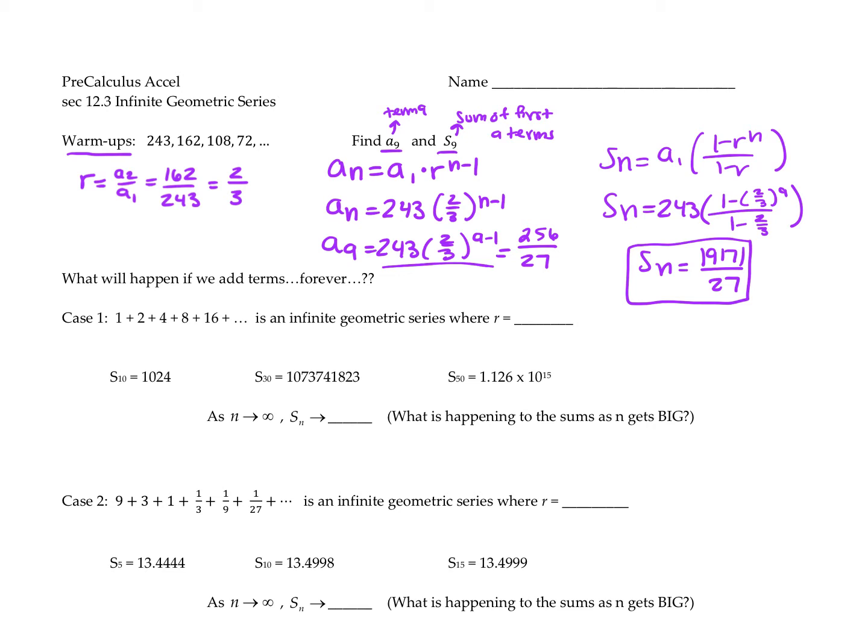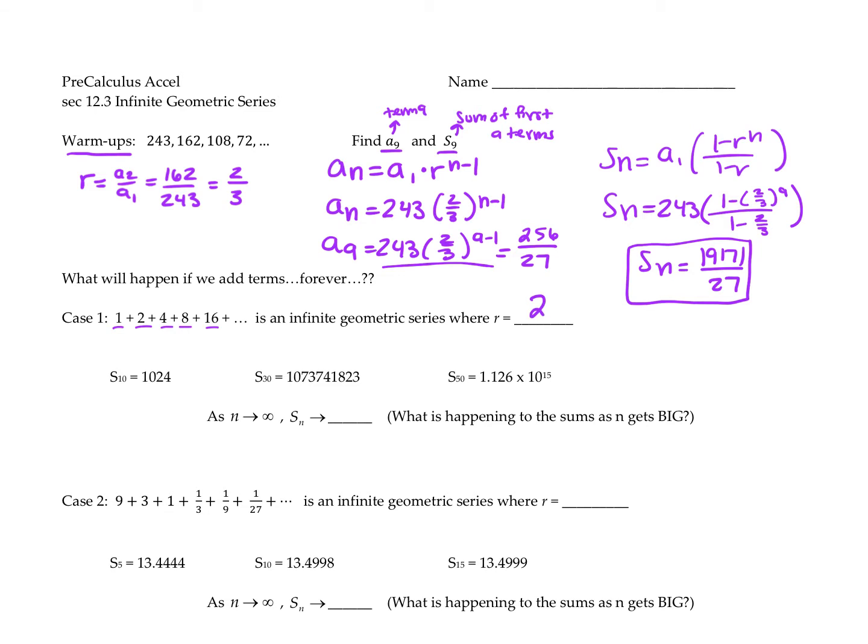And so what we've only talked about are finite geometric series, meaning sums like the first 9 terms. But in theory, we could sum an infinite series, meaning all the terms, kind of just depending on what type of series it is. So if we look at this first case, number 1, I have this sequence or sum of 1, 2, 4, 8, 16, so on and so forth. So my common ratio is 2.